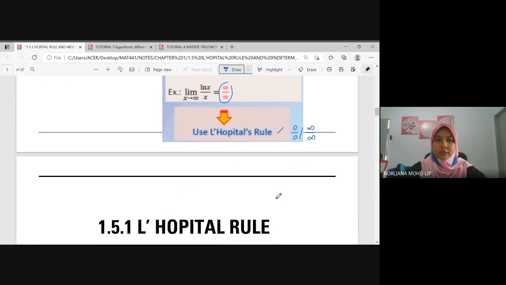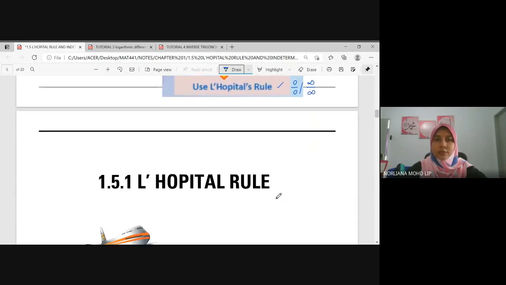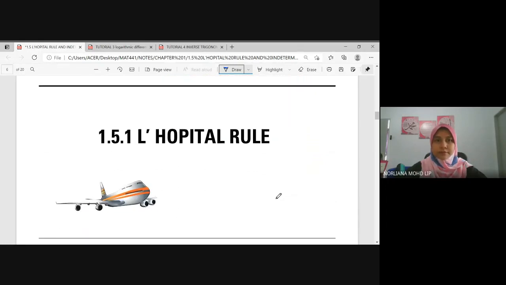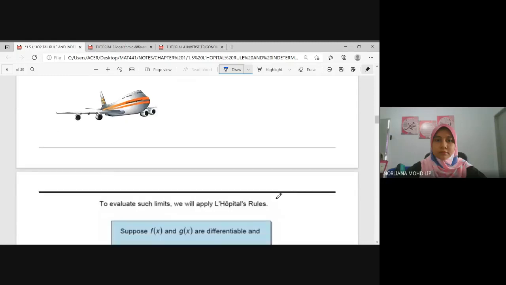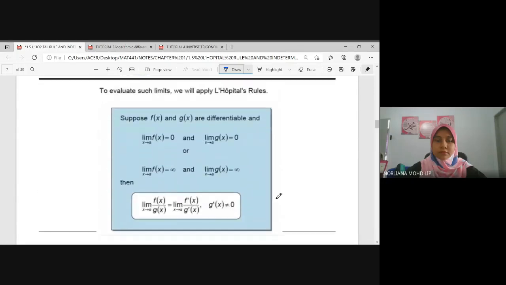So let's look at what the L'Hopital rules are. To evaluate such limits, we apply the L'Hopital rules.